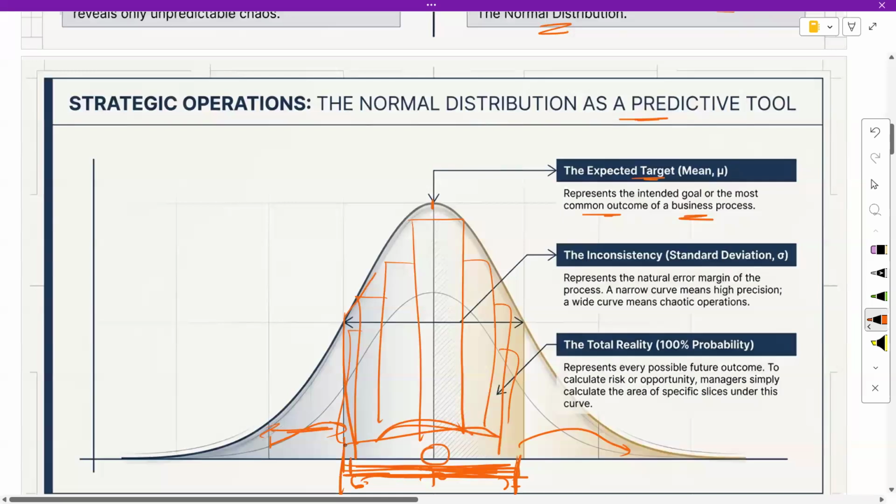Most of them are here, but we can observe some far from the mean. Inconsistency represents the natural error margin of the process. A narrow curve means high precision, and a wider curve means chaotic operations.